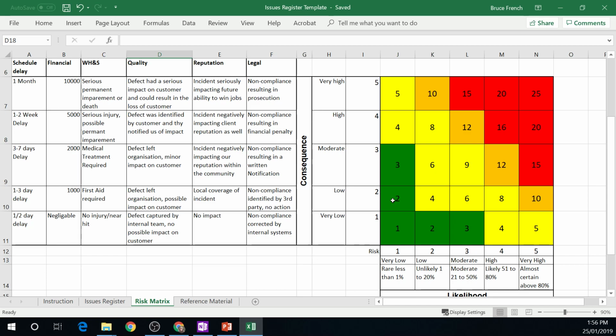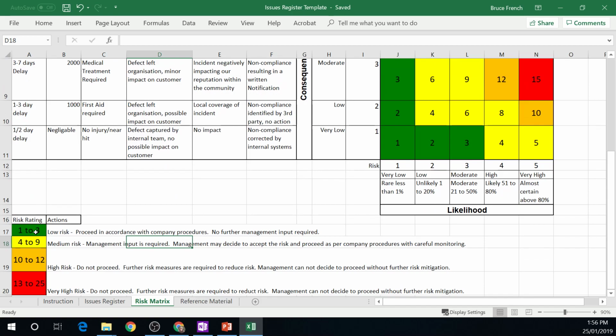So if the likelihood of that incident occurring is less than 1%, but it could have a possible impact on the customer, we have assigned a level 2, and we've determined that it's in the green zone, it's a low risk, and we can proceed in accordance with the procedures. And the procedures, we're hoping, are going to have enough measures in there to prevent this incident from occurring.